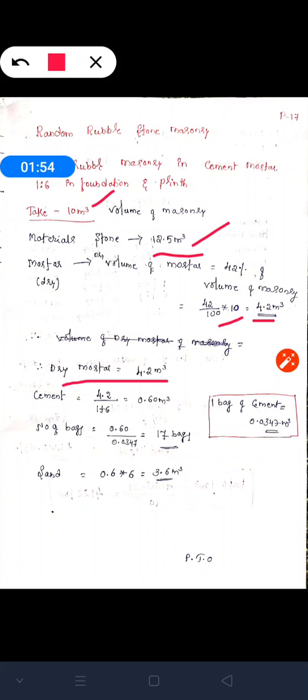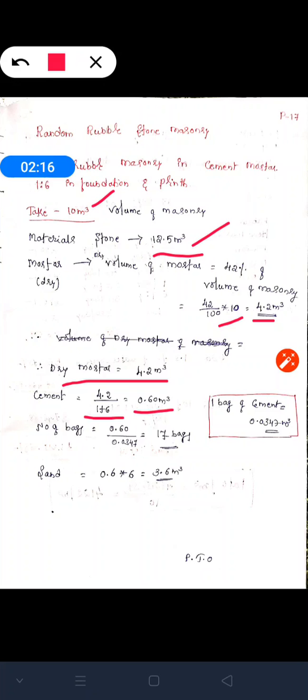Then the cement bags. First we should calculate the cement: the dry volume divided by the total proportion. The total proportion is 1:6, so 1 plus 6. Cement equals 4.2 divided by 1 plus 6, and we got 0.6 meter cube.